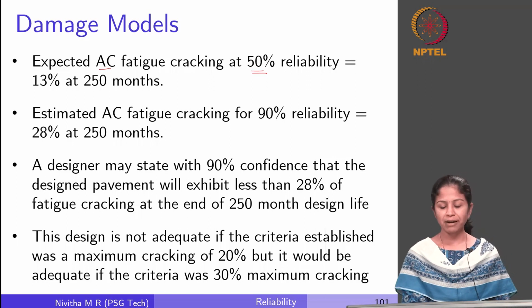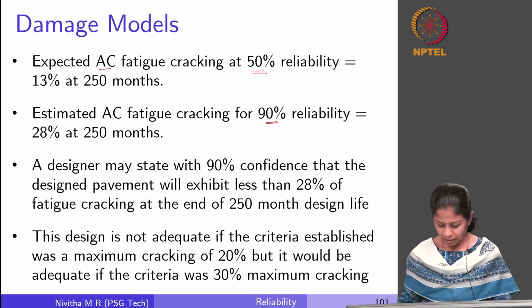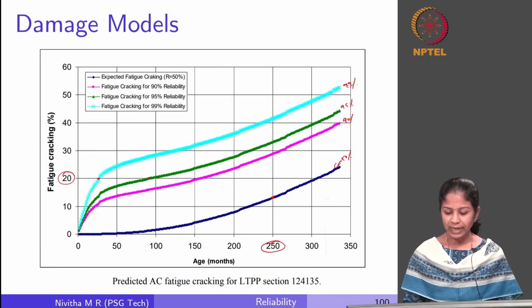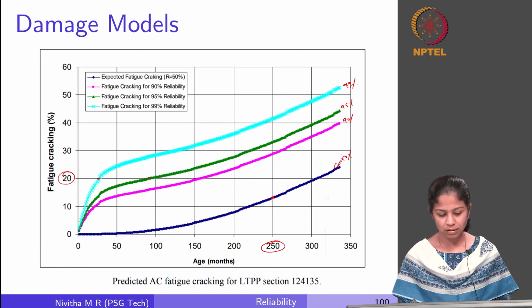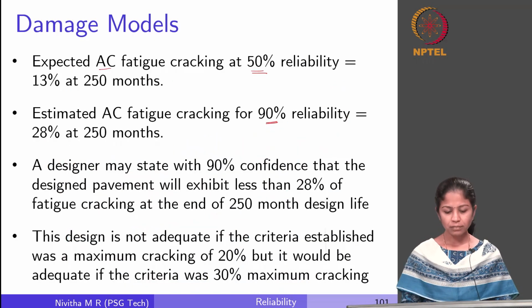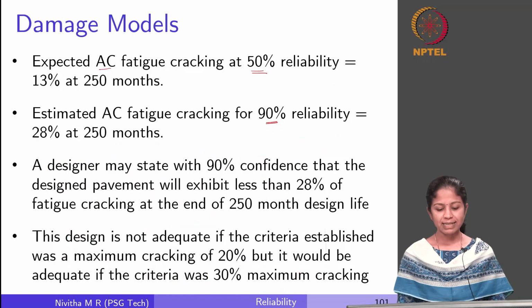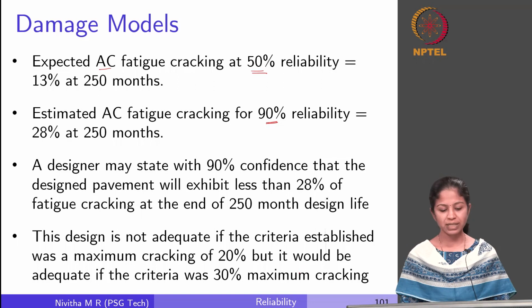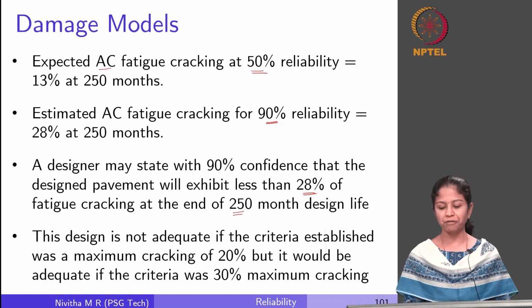But when it is estimated for 90% reliability level, it is 28% in 250 months, right. You can see here, this is 13% and this is 28% in 250 months. So, a designer can state with 90% confidence that the designed pavement will exhibit less than 28% of fatigue cracking at the end of the 250 month design life.